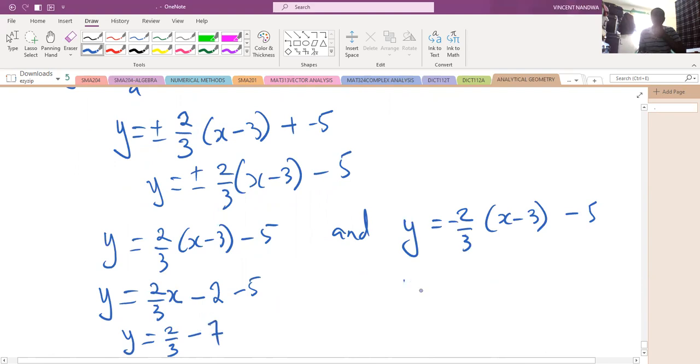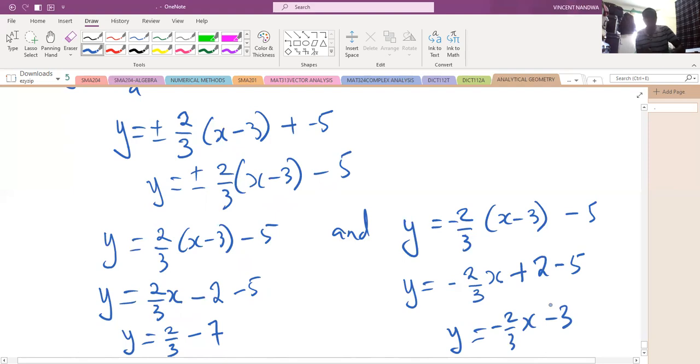This other one will be y equals minus 2 over 3 x, and then now this will be plus 2 minus 5. So y equals minus 2 over 3 x minus 3. So these are the equations of the asymptotes. So that's how we solve such a problem.